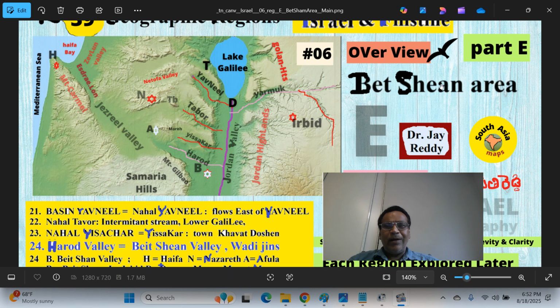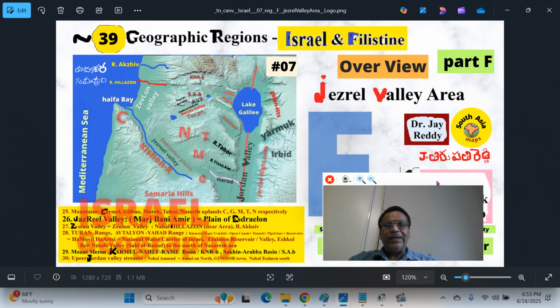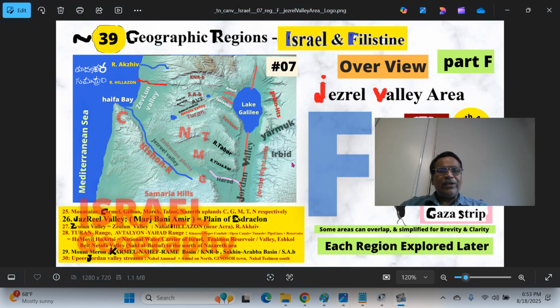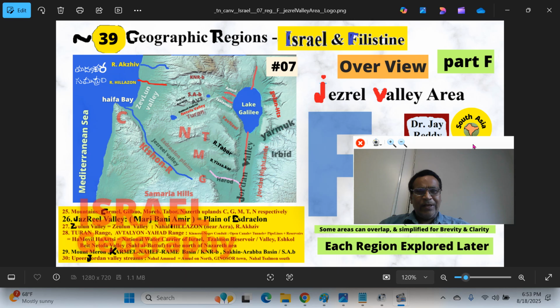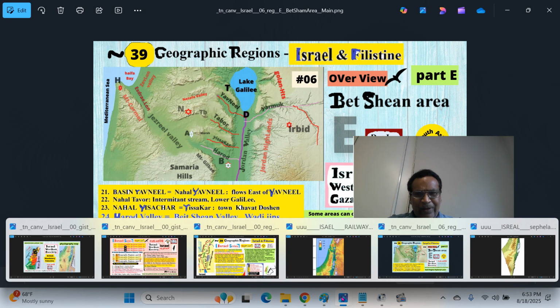I just called it broadly Beit Shen region because actually that's the lower part of the Jezreel Valley, very fertile valley. And we will look at the Jezreel Valley next time in part F. This is the Jezreel Valley and those regions. Hope this will give you a deeper understanding, Mitranam.